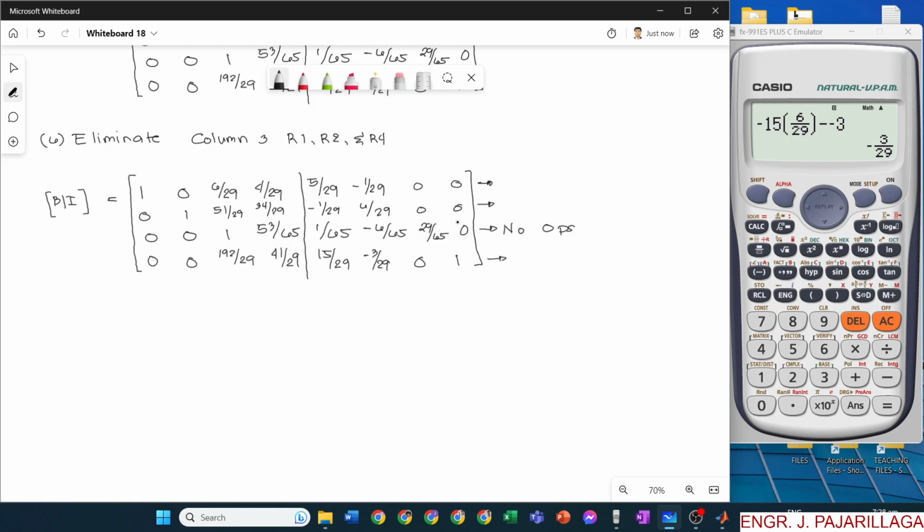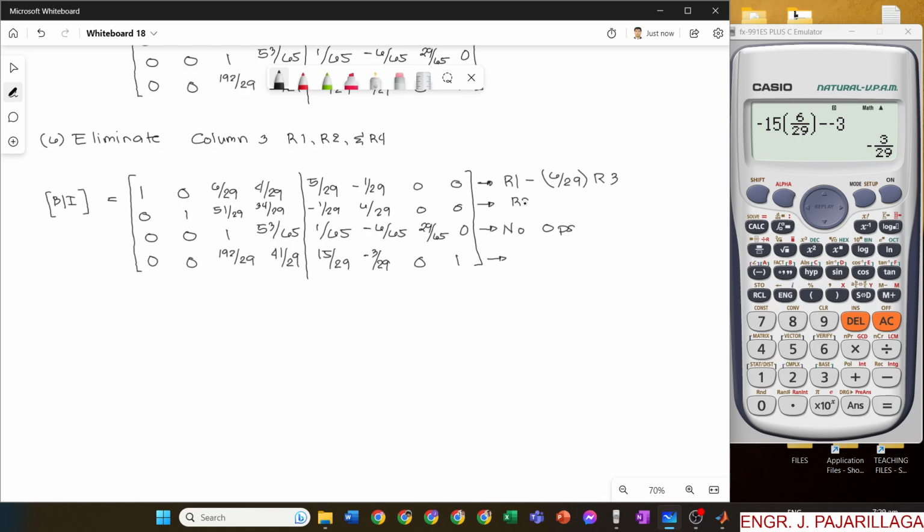So, dito, paano natin gagawin? So, we can do row 1. Ayan. So, para mag-stay positive si row 1, row 1 minus 6 over 29, row 3. Okay? Kunin ko 6 over 29, multiply ko doon, then i-minus ko sa row 1. Ganon din yung gagawin natin sa row 2. This will become row 2 minus 51 over 29, row 3.